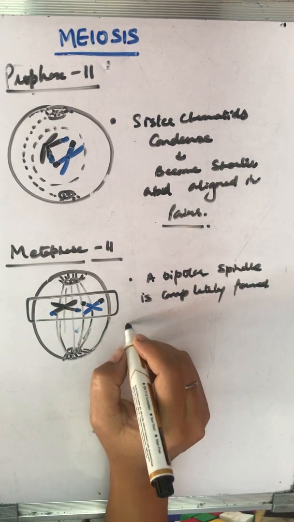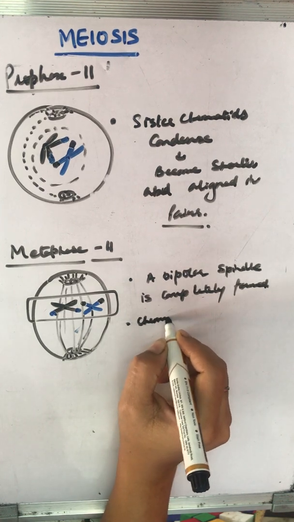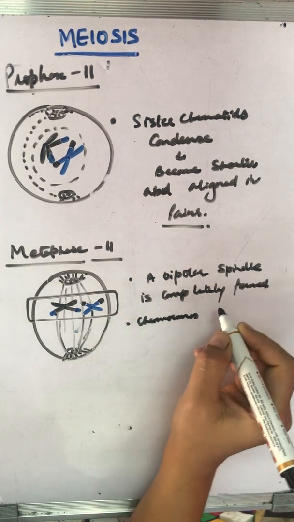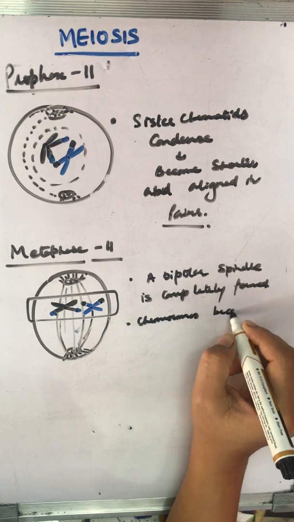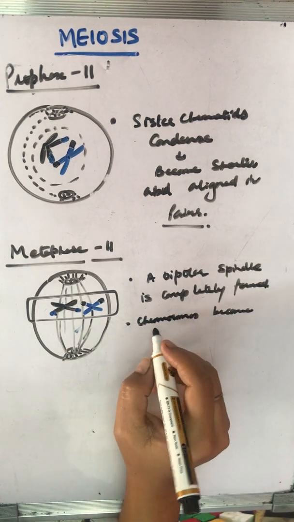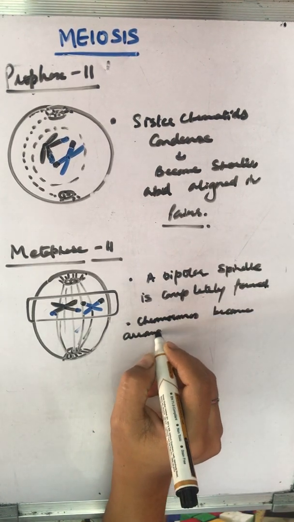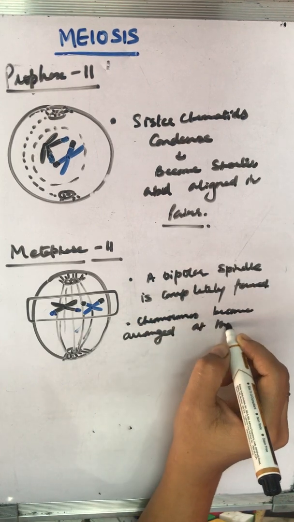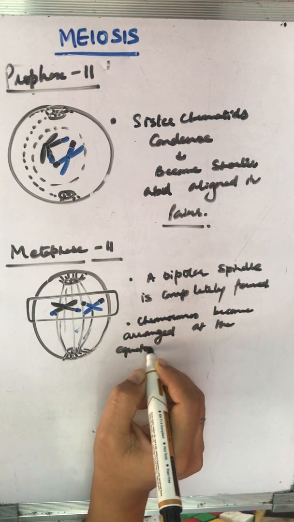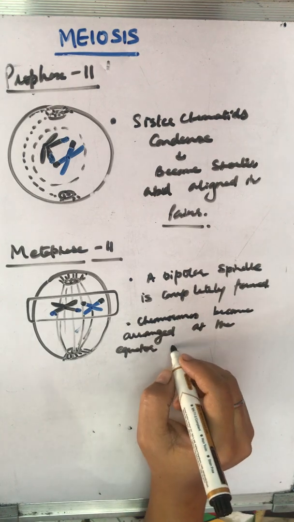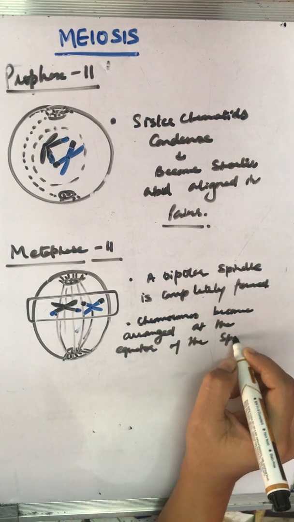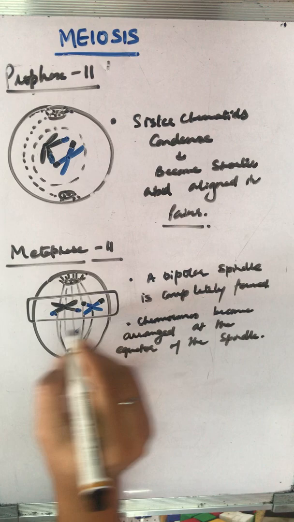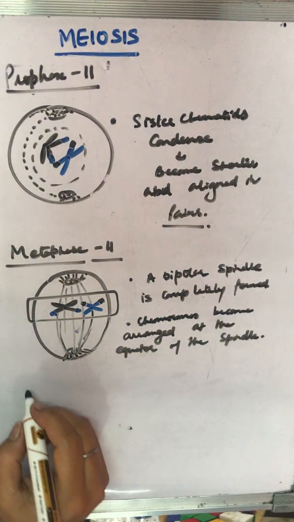Then chromosomes become arranged at the equator of the spindle. Clear? It's quite visible here.